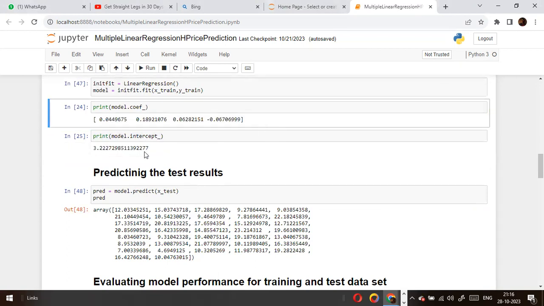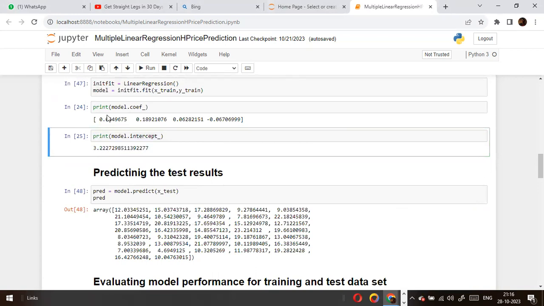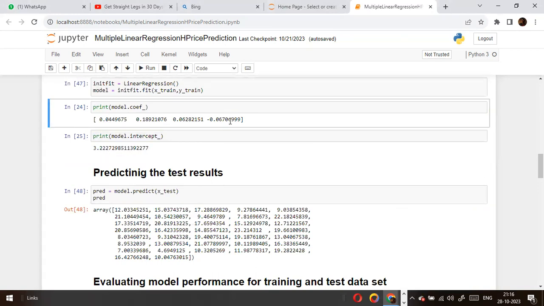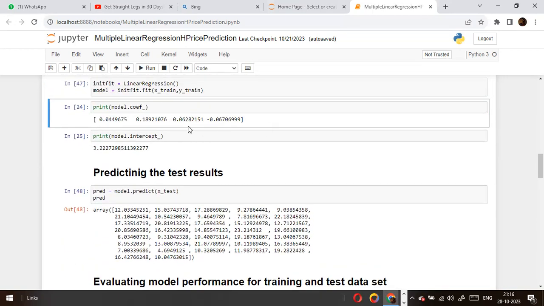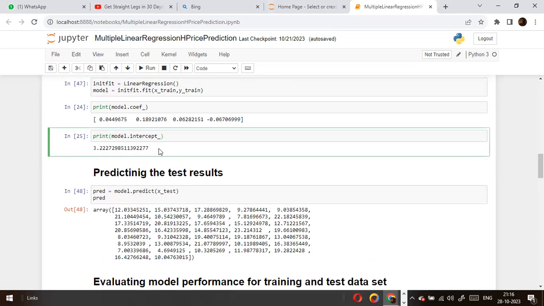This intercept value remains constant, whereas the beta value, the coefficient or the slope for each independent variable, differs. It is not constant. These values are estimated by the model automatically, hence we don't have the headache of computing them manually. Now we are able to see the intercept and coefficients.